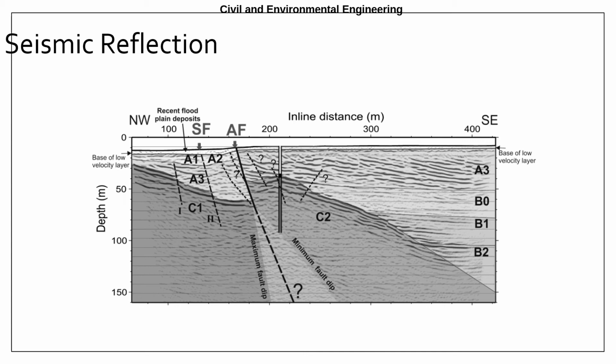This lightly shaded one is one formation. This dark one is another formation. What they saw here is they think this layer was offset. This layer is suddenly terminated and somewhat continued on this side.